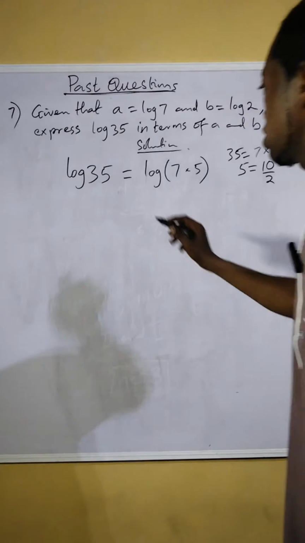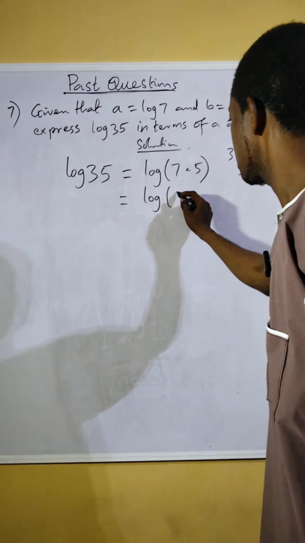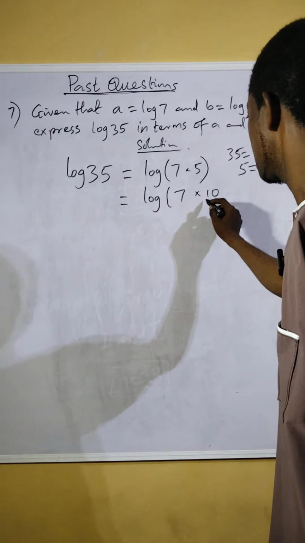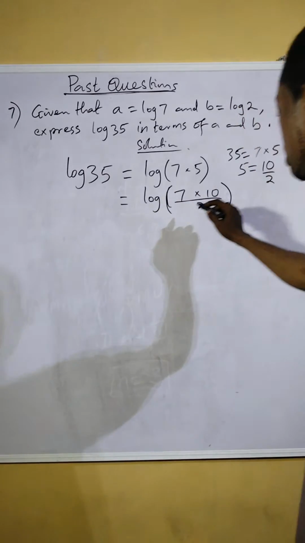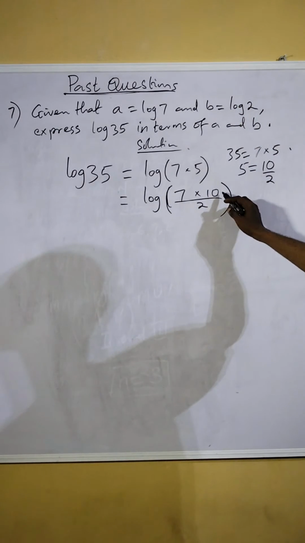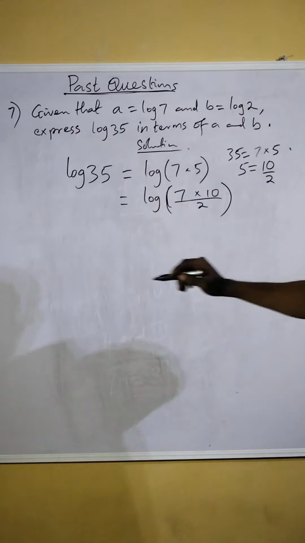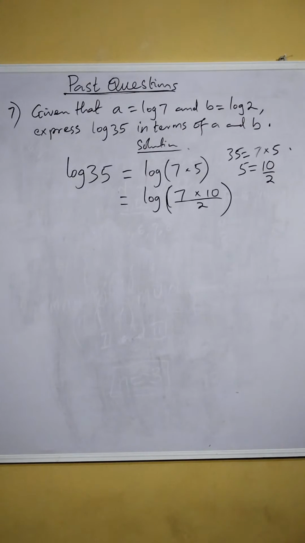That is, now I can say this is log 7 times 10 over 2 here. That is, in another way, this is 7 times 10, which is 70 over 2, which will give me 35.